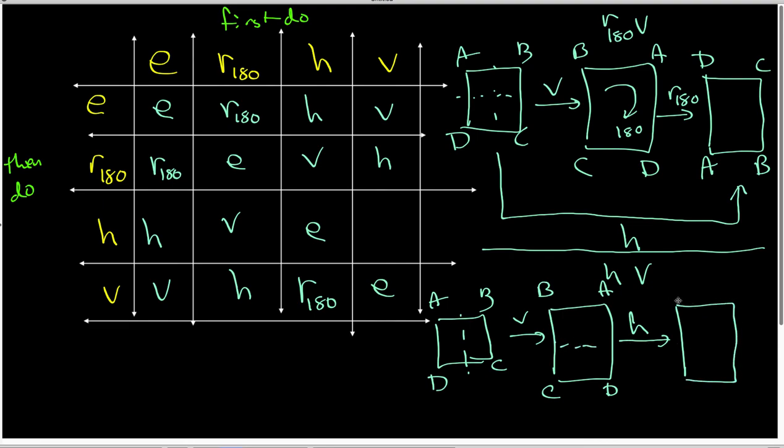And when we flip over the horizontal line, we're going to have CB on that side, and we're going to have DA on this side. And if I want to start here and go to there, what I notice is that the A went 180 degrees, the B went 180 degrees, the C went 180. This is R180.